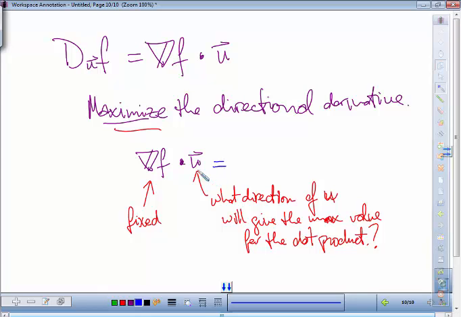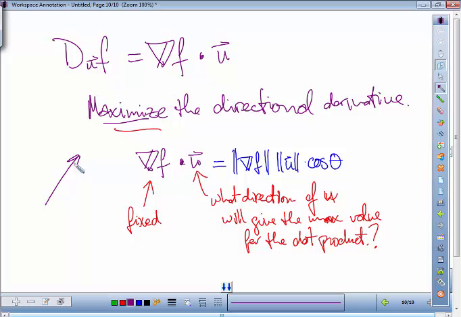The dot product is defined by some magnitude of stuff times the cosine of some angle between them. So if we imagine this fixed vector, I'm sorry, this gradient, and then we have another vector u. And this is the angle between them, right?